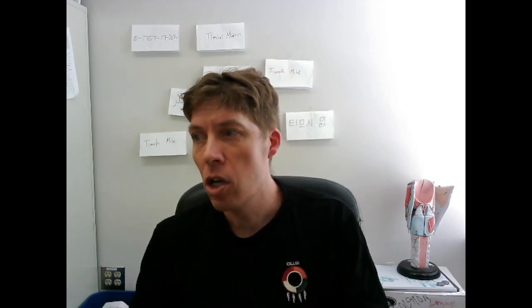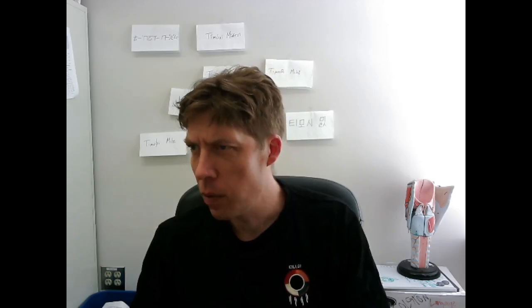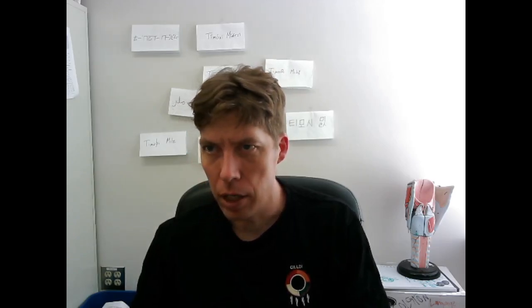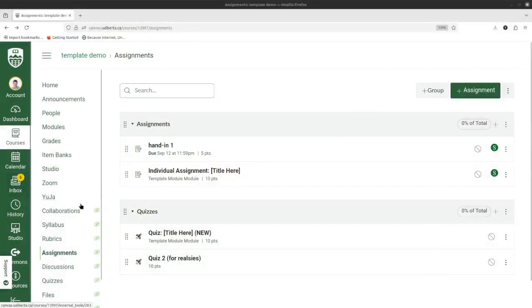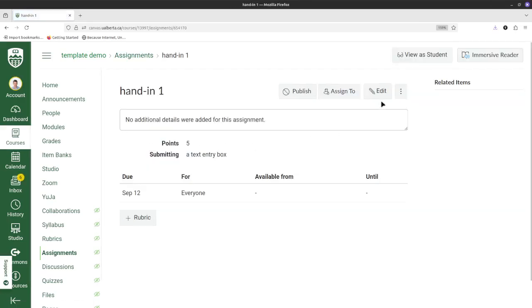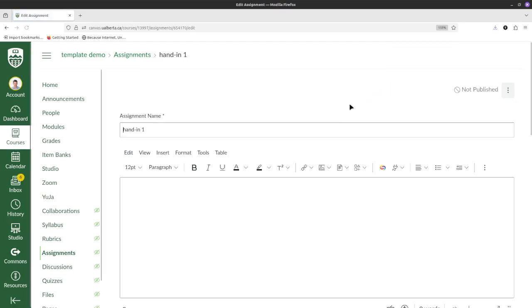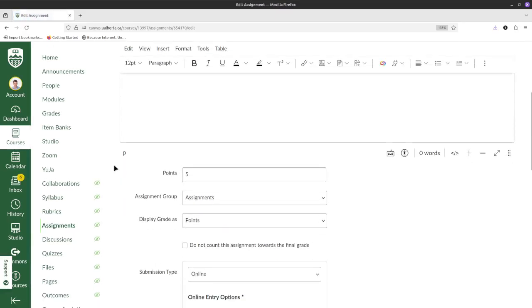Let's see. For things that aren't going to be handed in on Canvas, you can go into individual assignments. And I will actually do that. Yeah, here we go. Let's go here. Hand in assignment number 1. I want to edit this. Hope I can edit it here.